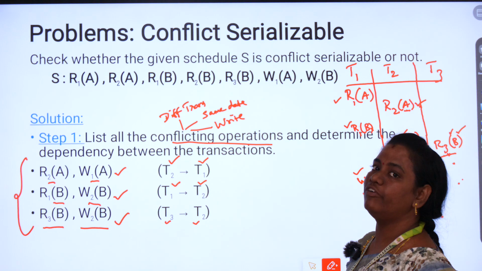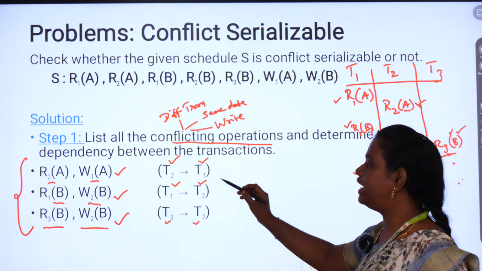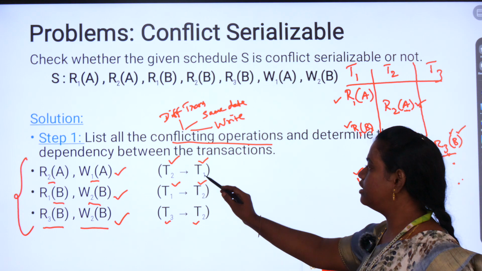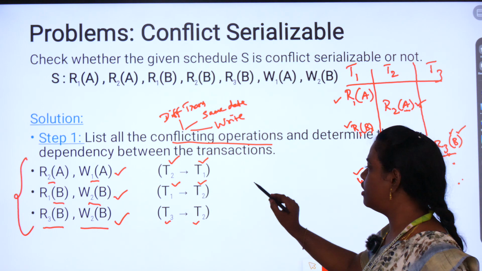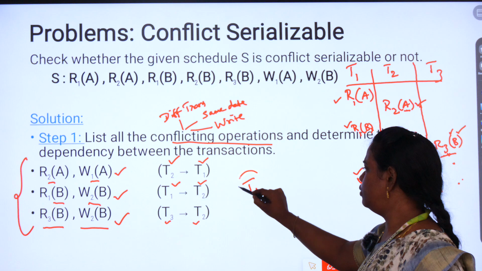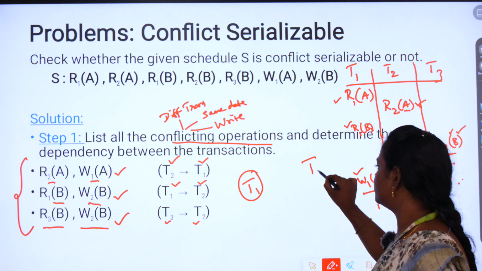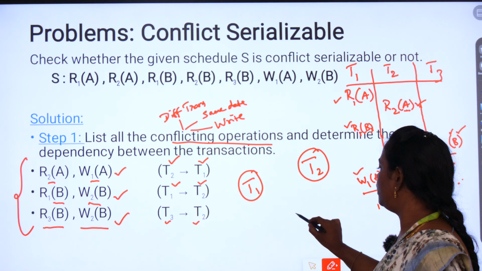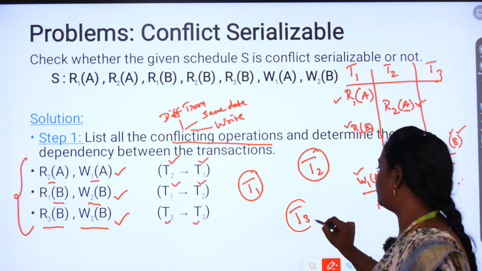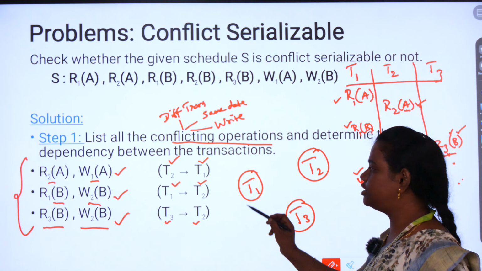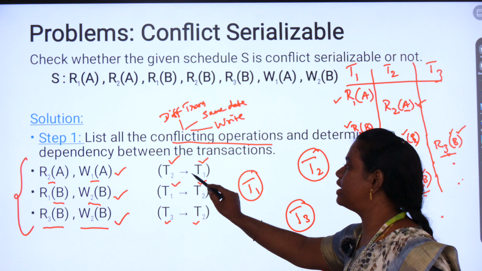Next step is we need to make a node for each and every transaction. Here the total number of transactions is 3, so I need to make a node for each transaction, that is T1, T2 and T3, and I need to make edges between them. So T2 implies T1.